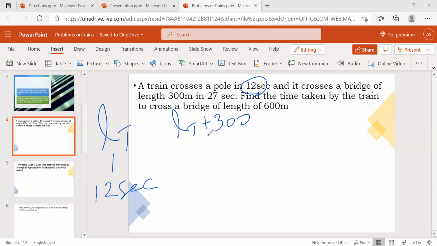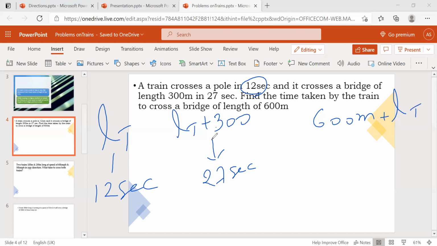The bridge length they gave is 300 meters. They didn't give the train length. So this will be in 27 seconds, right? Then find the time taken by the train to cross a bridge length of 600 meters. They want 600 meters plus the length of the train.